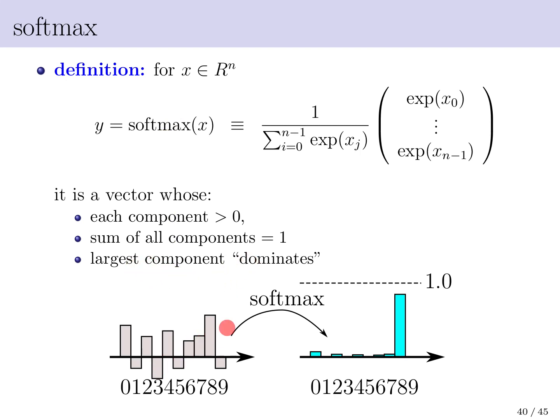So this is what typically happens. The input looks something like this. There may be positive ones and negative ones, and this one is the largest one. Because we are taking the exponential of each of them, this one gets much larger than other components, right?